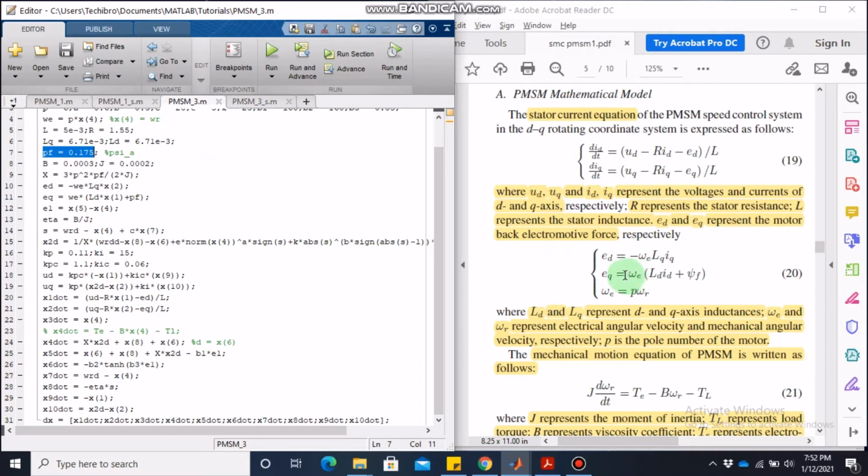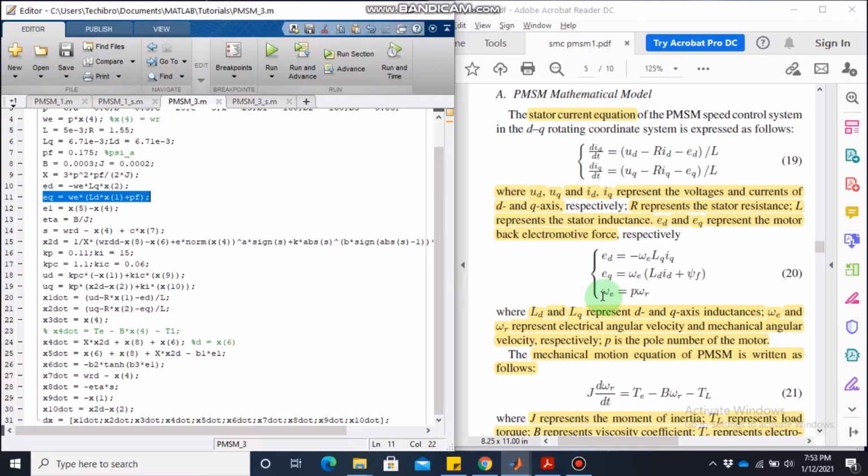Then you have ED and EQ. The equation of EQ is written here, omega E times LD, and x1 is of course ID, our first state, the D component of the DQ current, and phi f we have used this constant value.